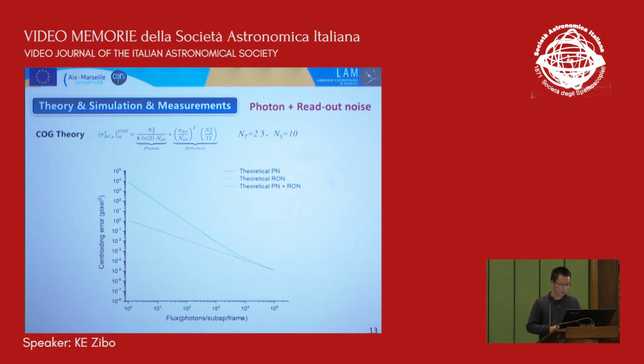And after talking about this, it's difficult for us to decide if the initial system is good or not. So we group the photon and the readout noise and compare the real measurement with the theory and the simulation. At first, this image shows the theoretical total noise.